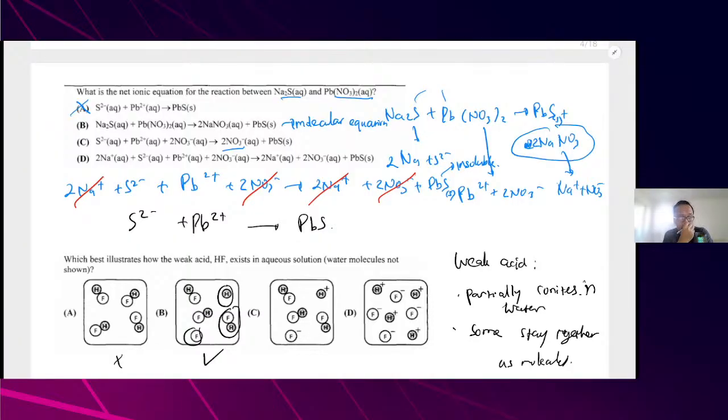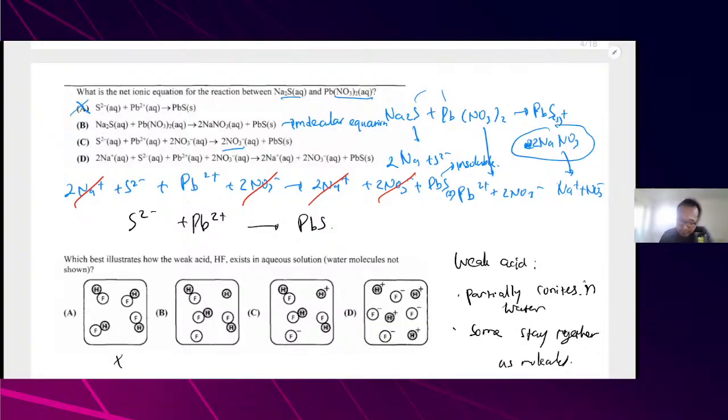How about the C one? Let me think first. We need to consider the charge.